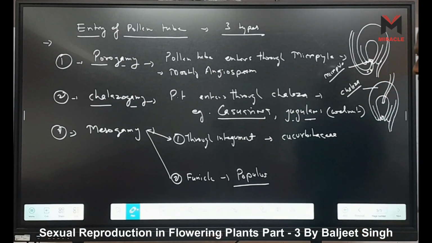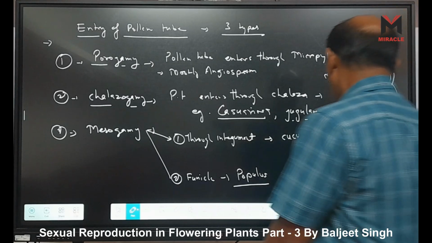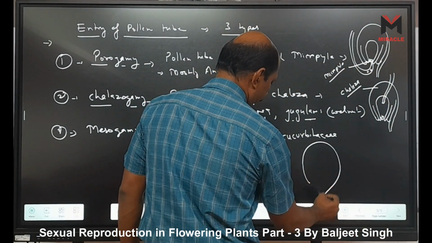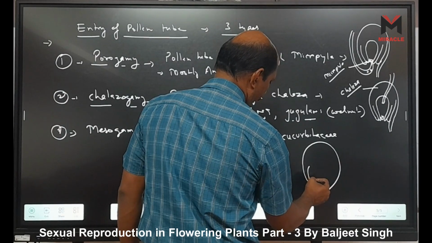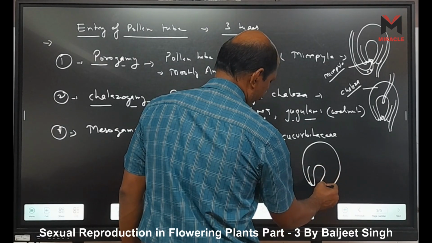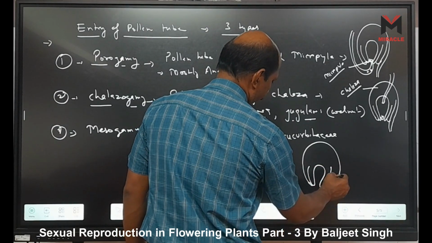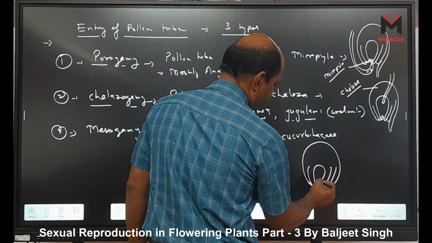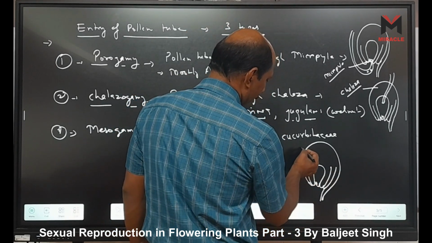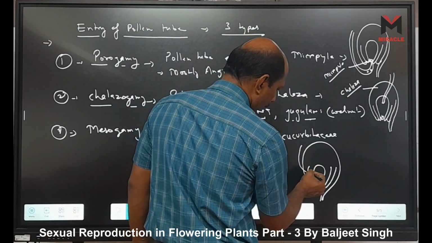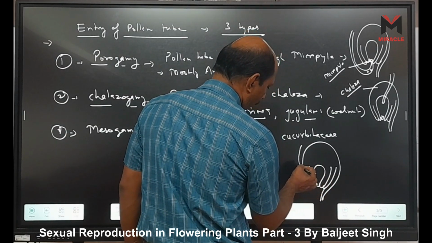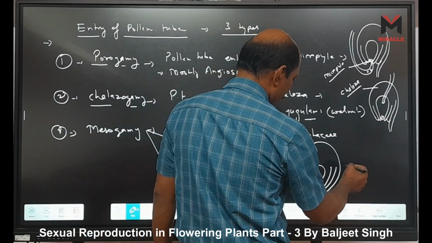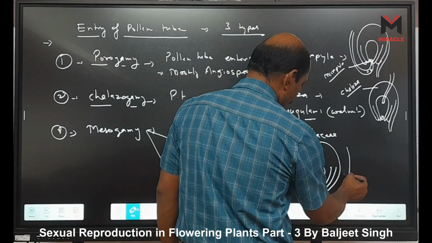And in case of mesogamy, we know this is the ovule. This one is ovule, right? What happens here? Sometimes through integument. This pollen tube enters through integument. This side integument. And if I say it is through funicle, look here, through this side.